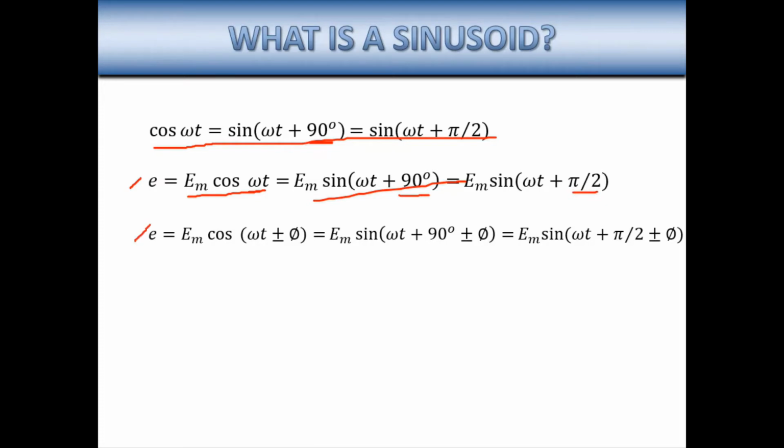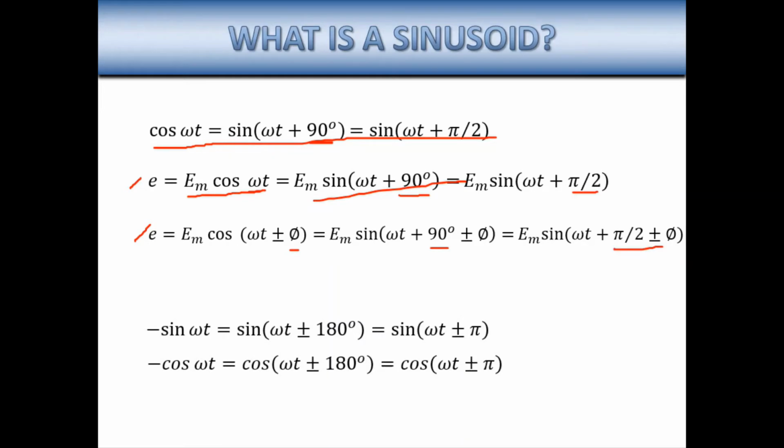If the expression as a cosine function already has a phase angle, once expressed as a sine function, again we need to make an adjustment by adding plus 90 degrees to the phase angle, or this one.